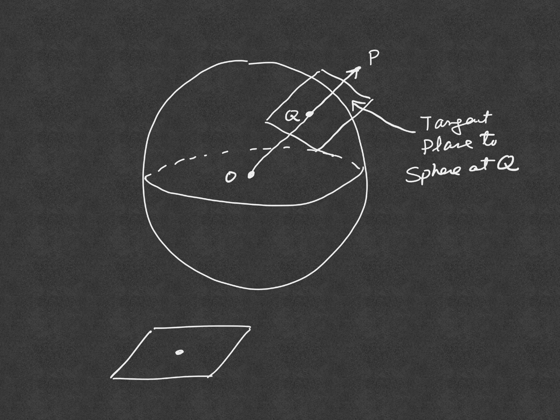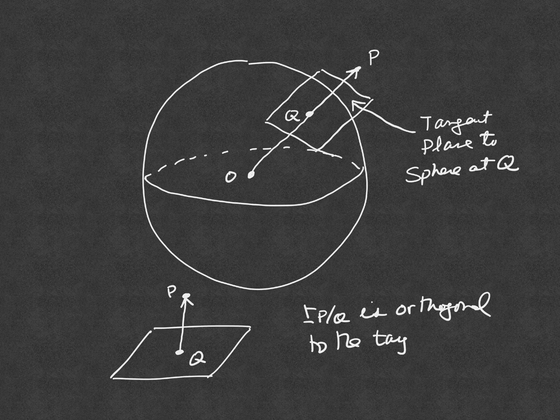Here's point Q. P is up above the point Q, and that vector from Q to P, this position of P relative to Q, is orthogonal to the tangent plane at point Q. So now that's the picture.